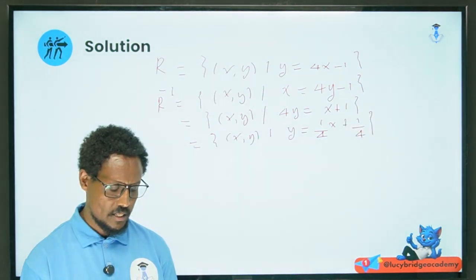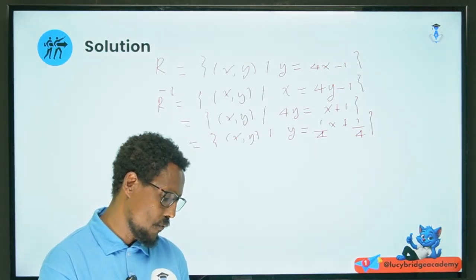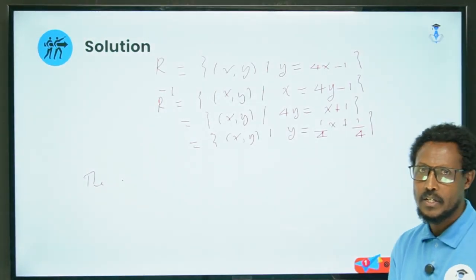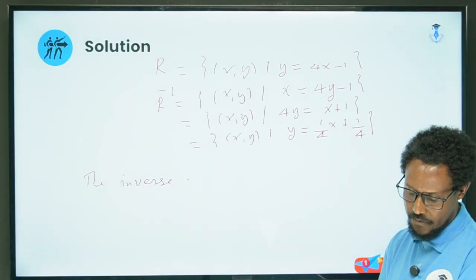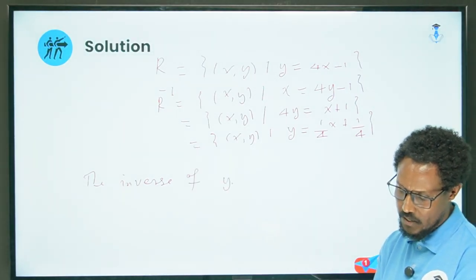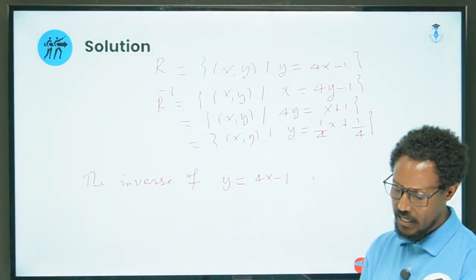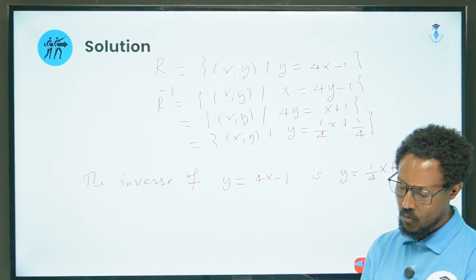Therefore, the inverse of the linear function y is equal to 4x minus 1 is y which is equal to 1 over 4 x plus 1 over 4.